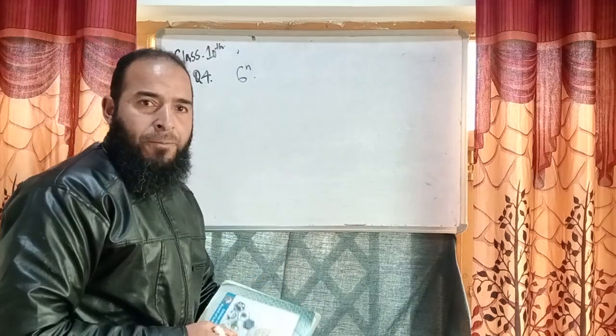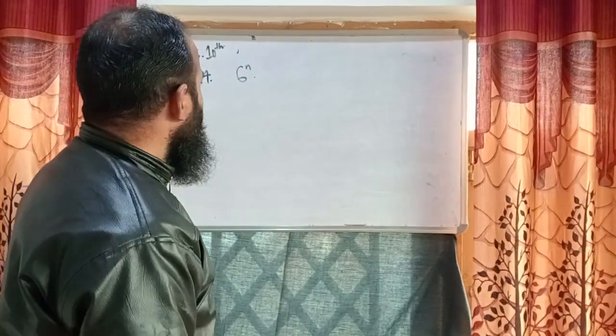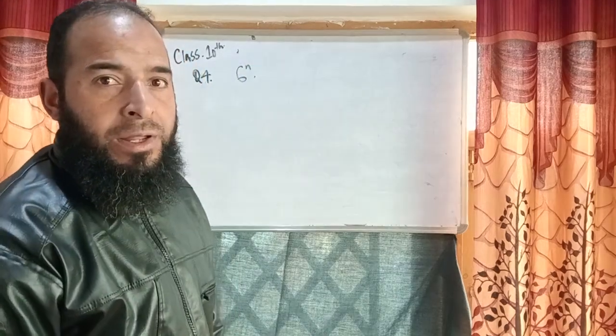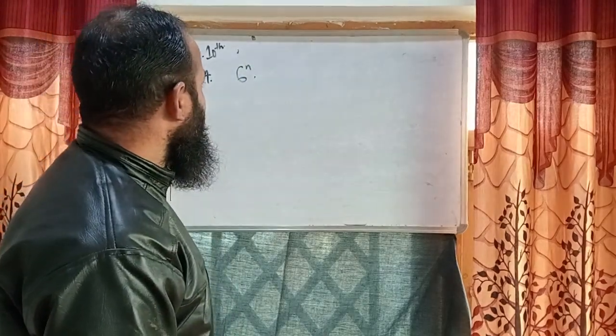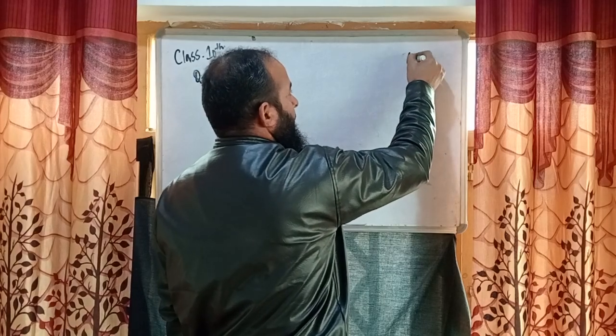Now we have to check whether this number 6 power n can end with the digit 0 or not. Now see, any number. Let's take any example. Any number that ends with digit 0. See, we have 10.